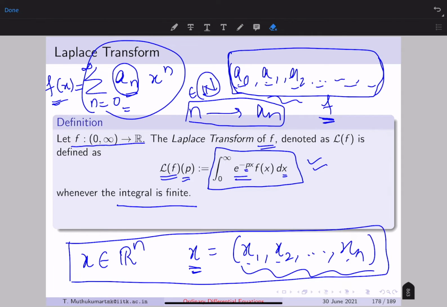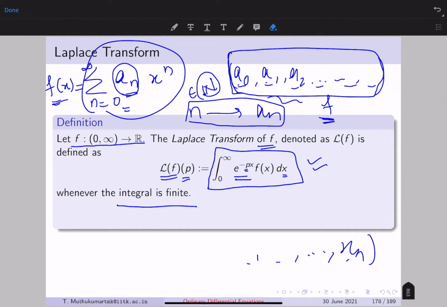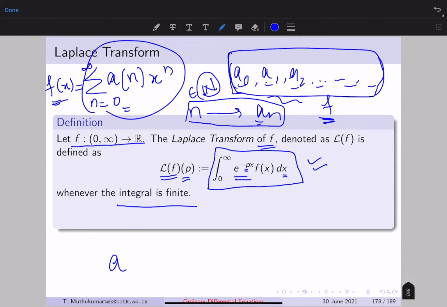If I am looking for a continuous analog of the power series, I could think of an as a of n, which is the same as an. For each n you have a number an, and the domain runs over the natural numbers, or in this case the whole numbers, including 0.